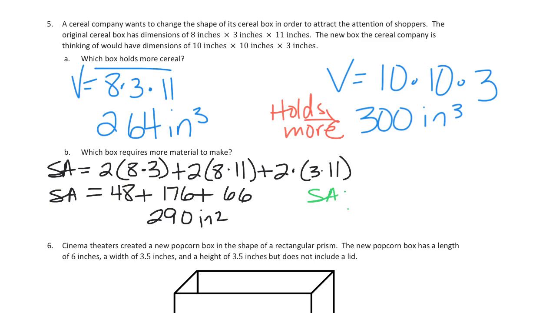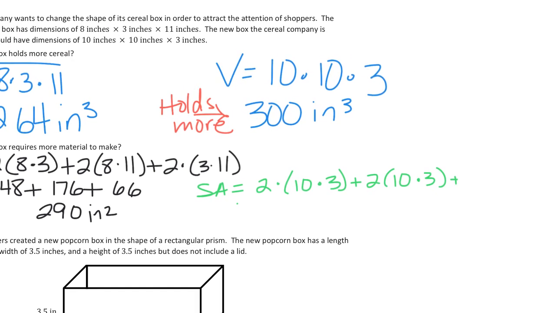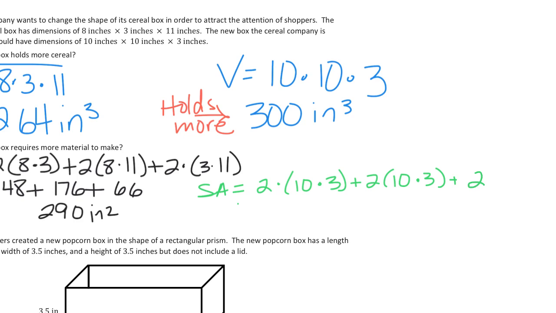Now the second box, so its surface area, I have 2 times 10 times 3 plus 2 times 10 times 3 plus 2 times 10 times 10.